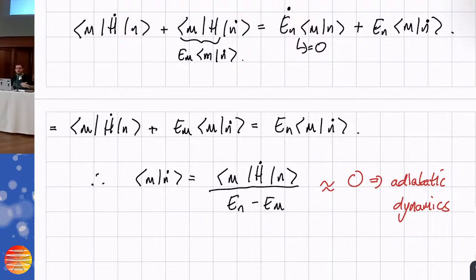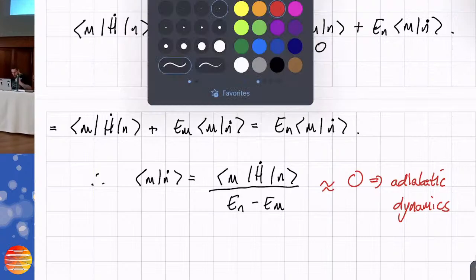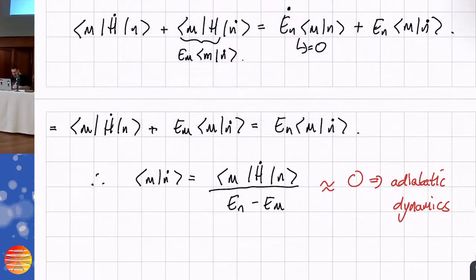The only way that can happen is if this expression is small. So what I essentially need is, and now you can see that whenever we talk about adiabatic dynamics, there are two things: I either need this to be really big or this to be really small.